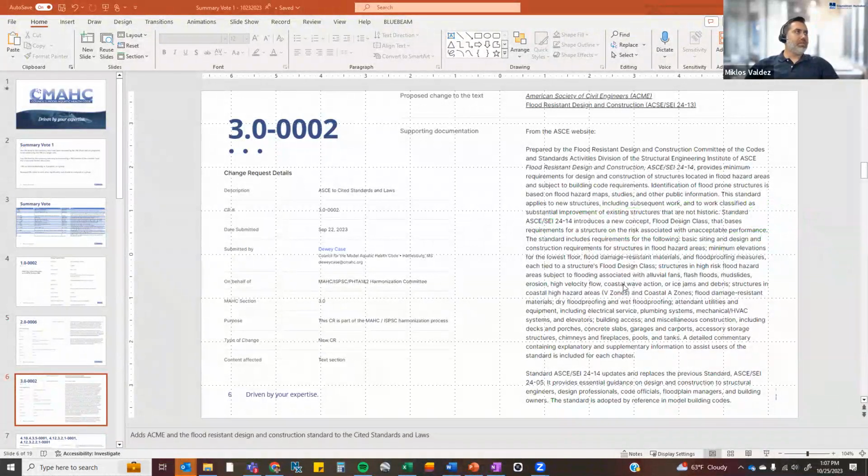There we go. 3.0-0002 is adding ASCE to the cited standards and laws.